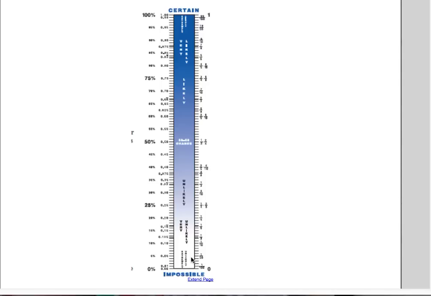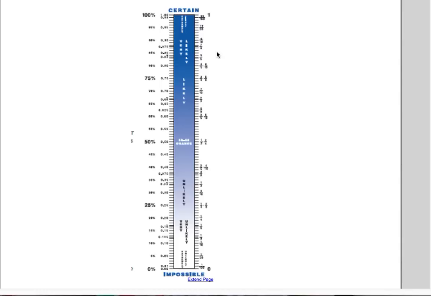You are going to be doing some problems that deal with chance events, and you're going to be asked to use these kinds of words. I recommend that you use the probability meter to help you figure out which words would be the best words to describe the chances of certain things occurring.